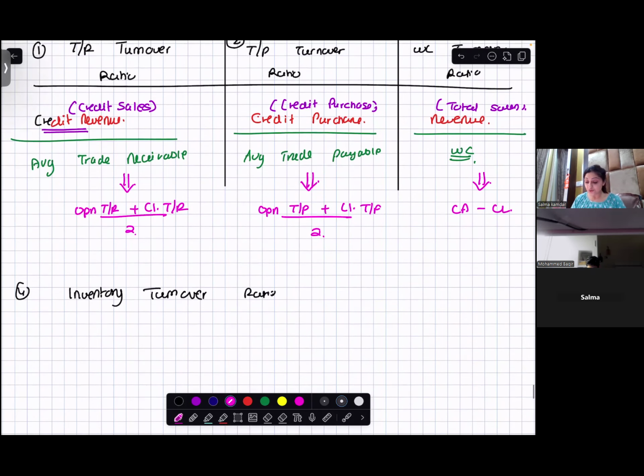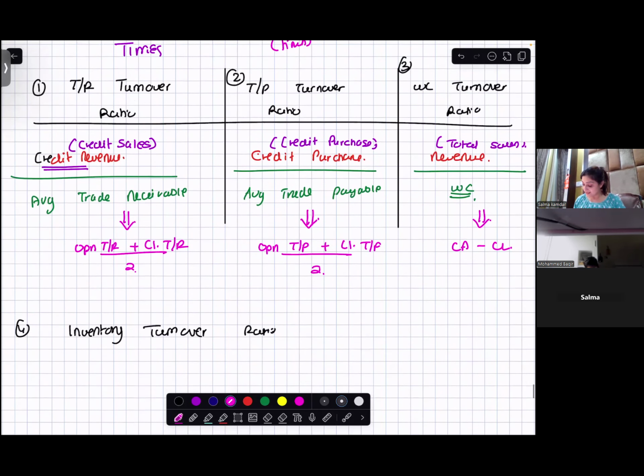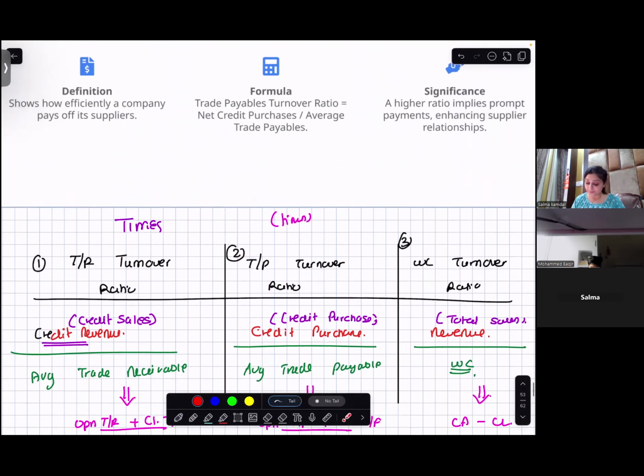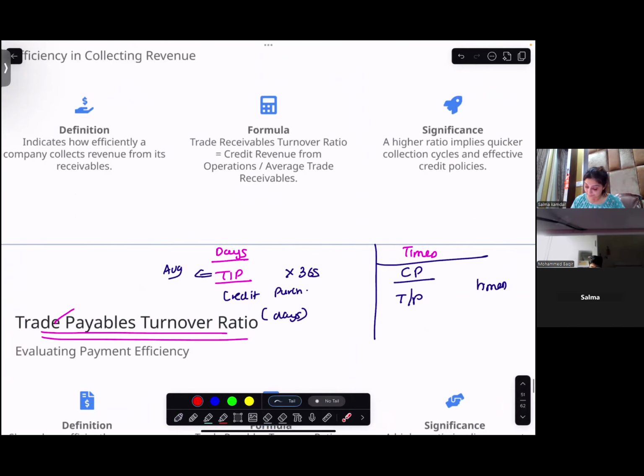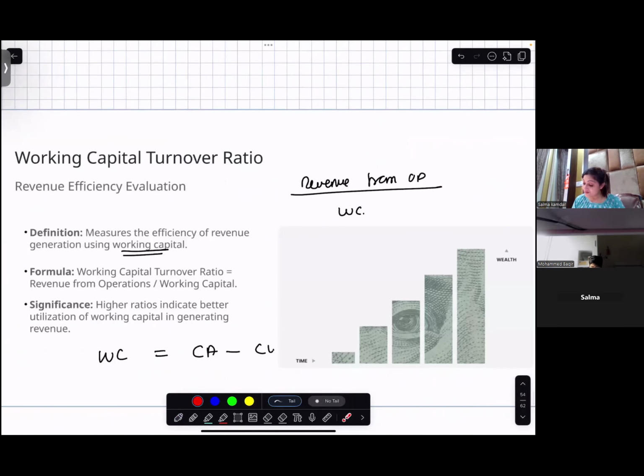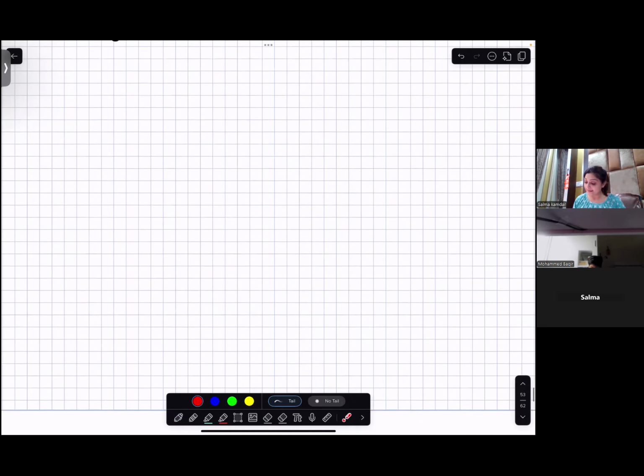So you have three that I have discussed. One is trade receivable turnover ratio: how many times you collect money from your trade receivables. Then trade payable turnover ratio: how many times you pay. What does the working capital turnover ratio tell you? It measures the efficiency of revenue generation from working capital.